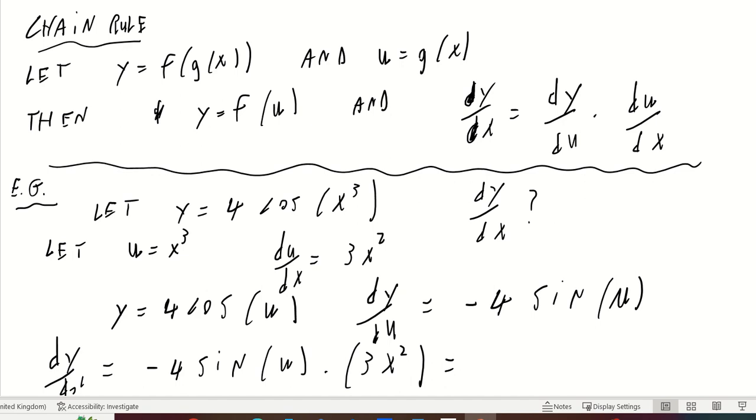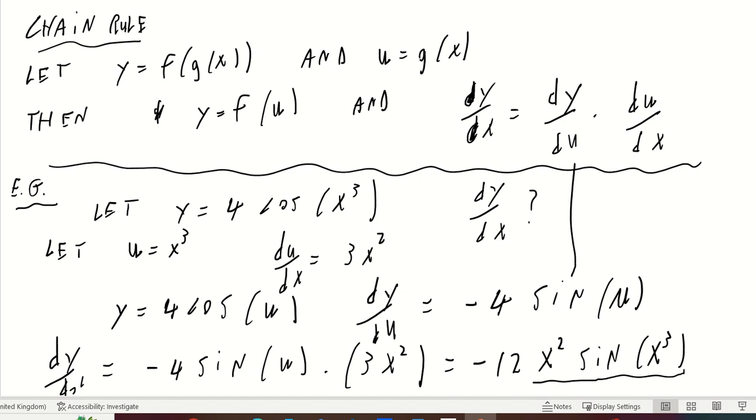Okay, and then we just re-express slightly and fill in what u was. So we get minus 12 times x squared by the sine. And what was u? u was x cubed, so that goes back in. Okay, so this is our answer.